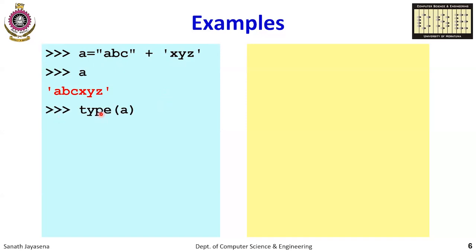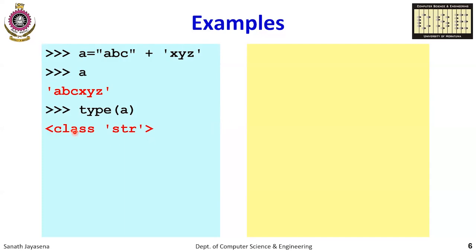So next I type type within parentheses A. Now type is a built-in function. We call it a Python function. And inside that, we have to put an argument. Basically, we have said A here. The idea is that we are asking Python to tell us what type this A is. And it tells us that it is a class string.